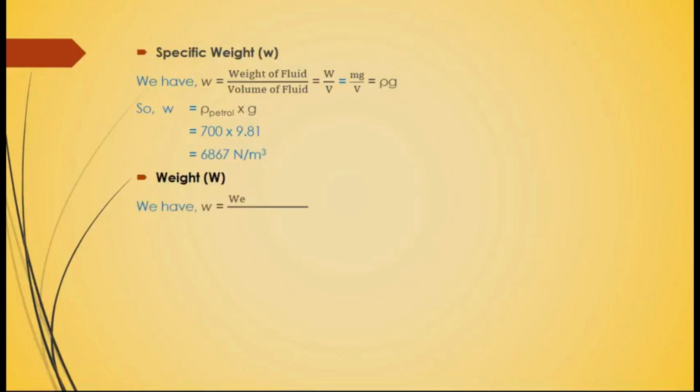And the weight we need to find out. Again write the formula for weight density, small w is equal to weight of fluid by volume of fluid. If we want weight, weight is equal to volume into weight density. We have just calculated the weight density, just substitute, very easy. So you will get 6.867 Newton. Volume is 1 by 1000 meter cube.